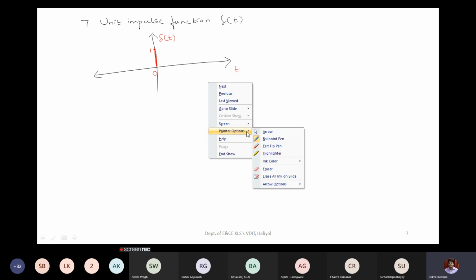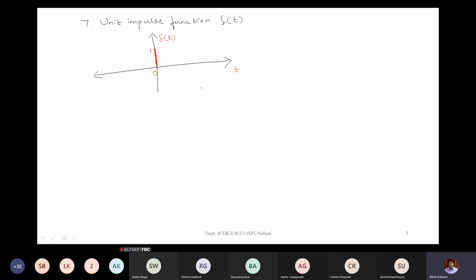So at 0 it will have a unit value, that is 1. For the rest of the time the value will be 0. So how to define this delta of t now? Delta of t is the unit impulse function whose value at t equal to 0 will always be 1.